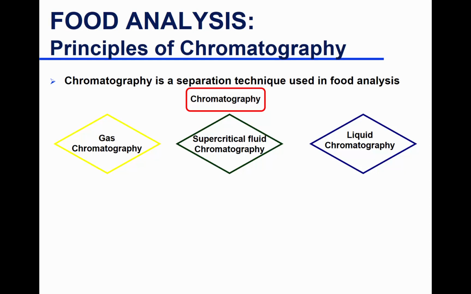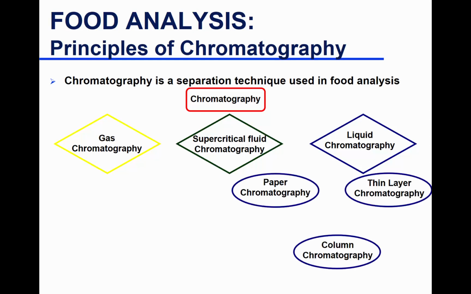So you have three different types of chromatography: gas chromatography, supercritical fluid chromatography, and liquid chromatography. Under liquid chromatography, you have paper chromatography, thin layer chromatography, and column chromatography.